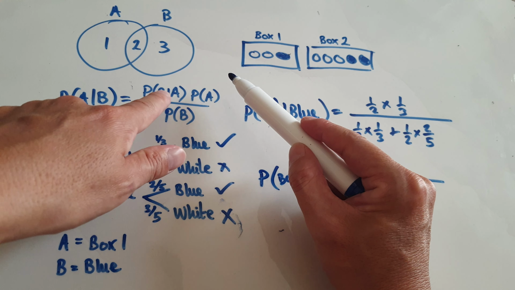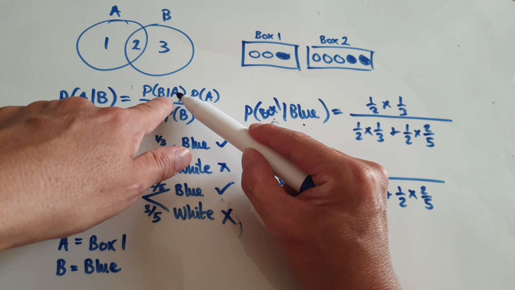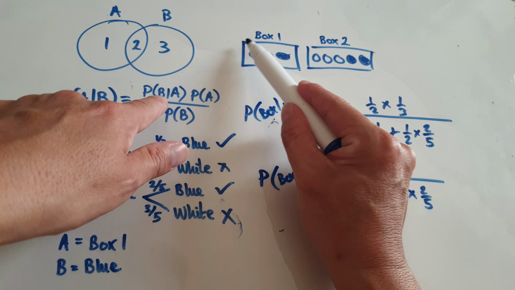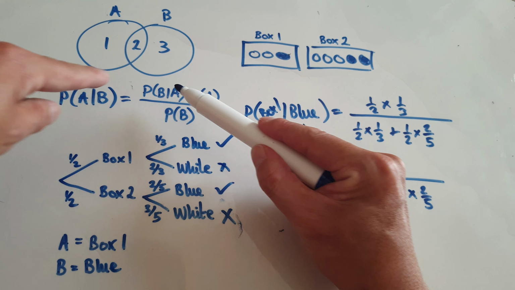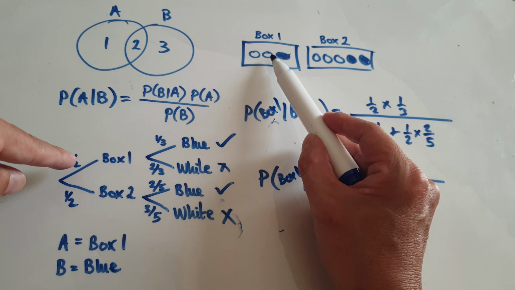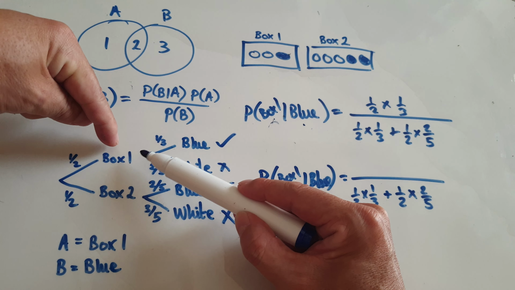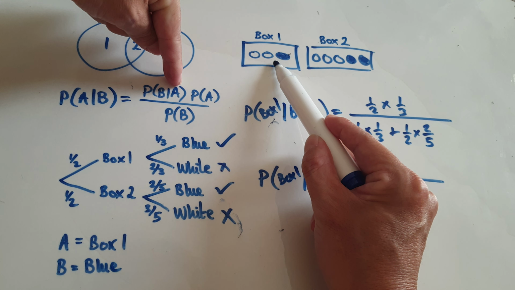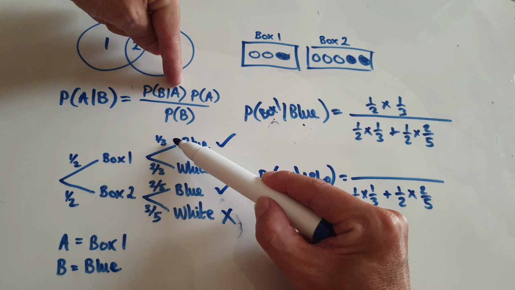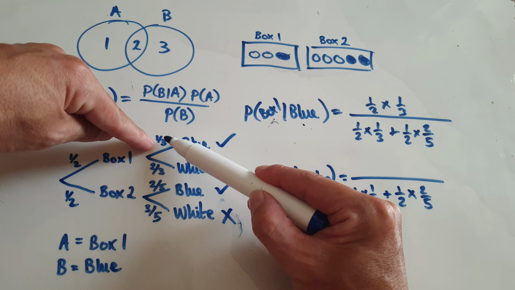So what that means is, given that you selected box 1, what's the probability of you getting a blue? Looking at this, you've just selected box 1 up here. What's the probability of you getting a blue? It's actually a third. You can see it here, a third.